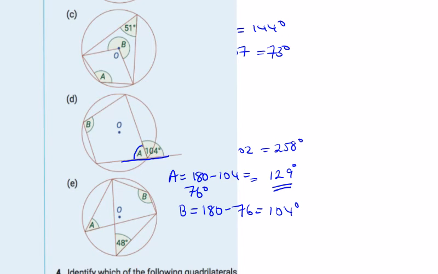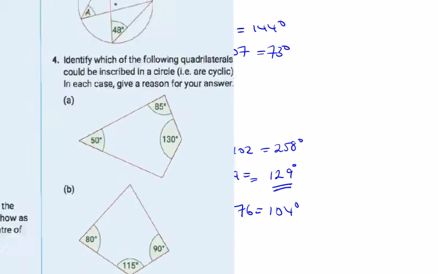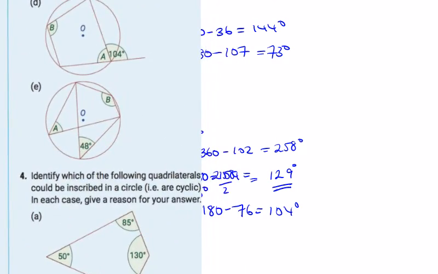And then finally in part E, A has to be 48. It's standing on the same arc. So we have A here, this one, and this one are standing on the same arc. A is 48.